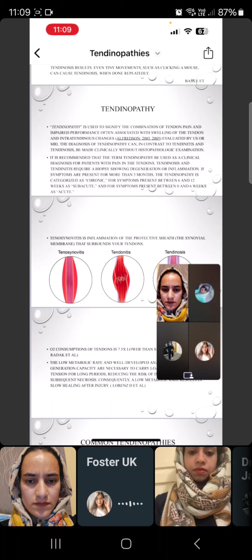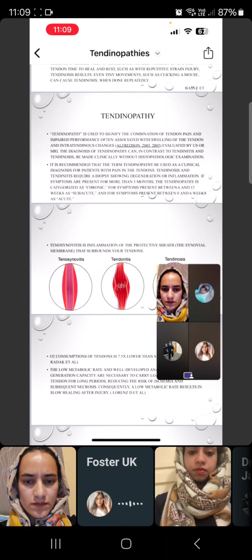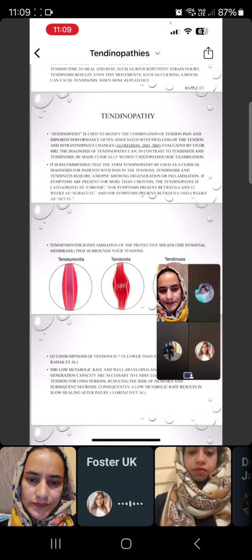But tendinopathy, you can diagnose even with tests like resisting the tendon against its function, and then you would know that it's more of a tendinopathy. It is recommended that the term tendinopathy be used as a clinical diagnosis for patients with pain in the tendons. Tendinosis and tendinitis require a biopsy. So it's again the difference that tendinosis and tendinitis would require a biopsy showing degeneration or inflammation.